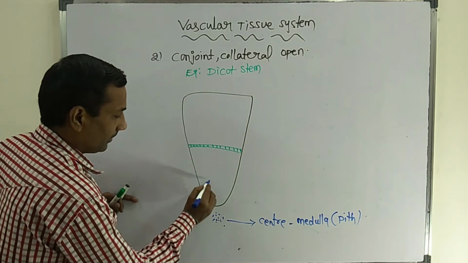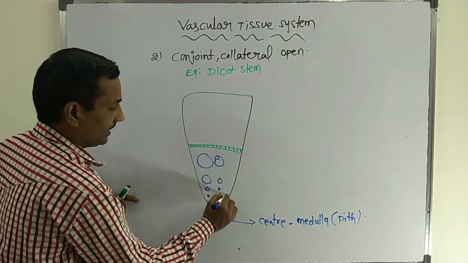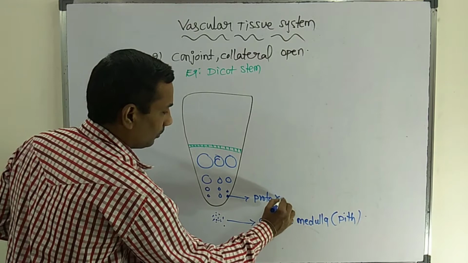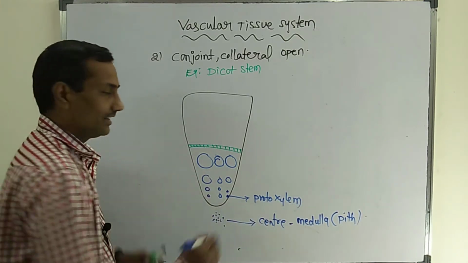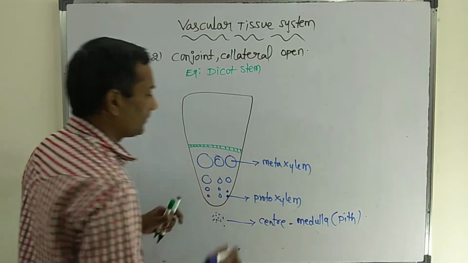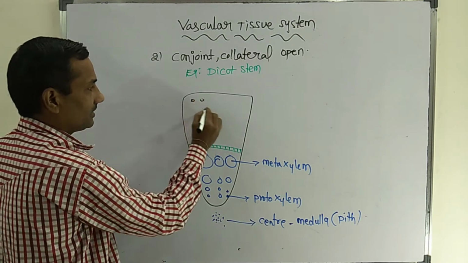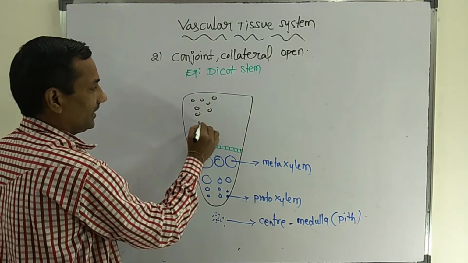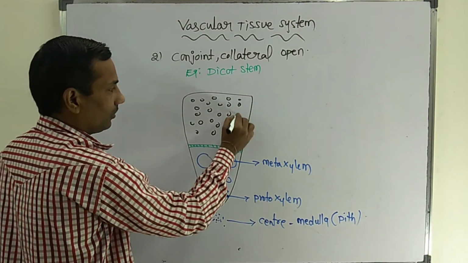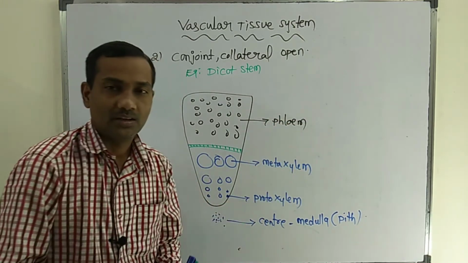It has protoxylem and metaxylem. If you observe, protoxylem is located towards center, whereas metaxylem is located towards periphery. The total tissue present towards the periphery in the vascular bundle, whatever tissue I am drawing here, is known as phloem.